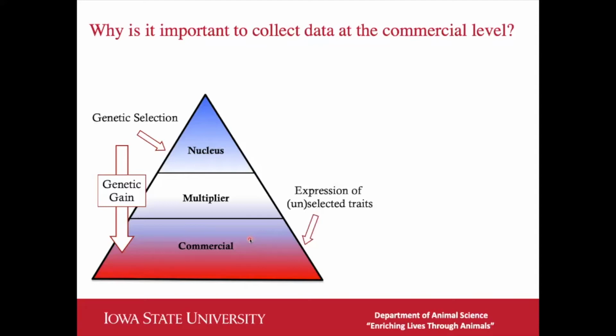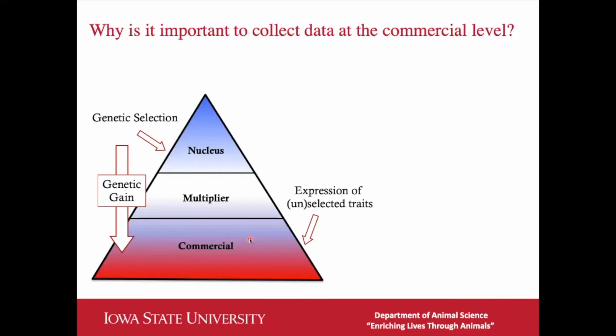If you think about a gilt that becomes a sow, the animal has, let's say, a high number born alive. If you think of the three-cross hog, this animal grows well, has very high feed efficiency, and so forth. But not only that, we also express traits that we don't select for, for instance, the ability of the animal to digest high fiber.